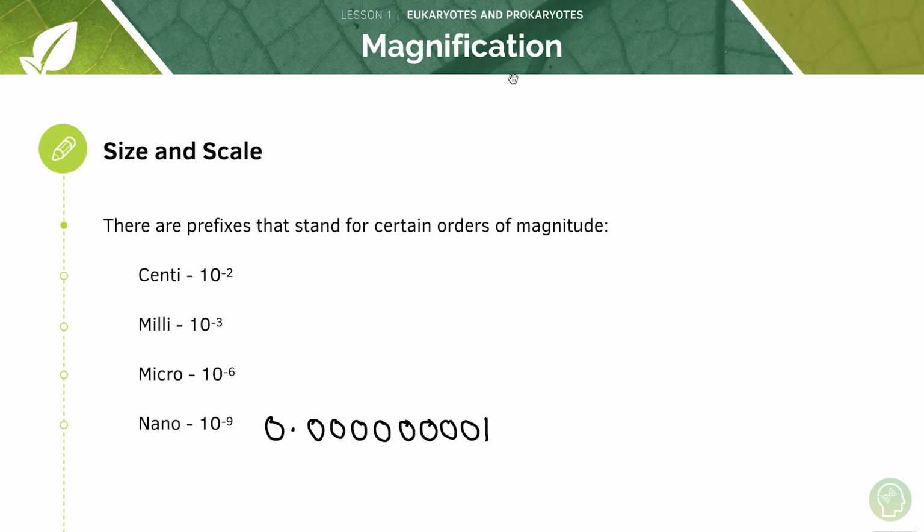And if I just recap for you, we have just moved the decimal place 9 places to the left. So these prefixes describe progressively smaller and smaller measurements. And standard form is used when working with very large or very small numbers because you wouldn't want to be writing out all those zeros in general practice.